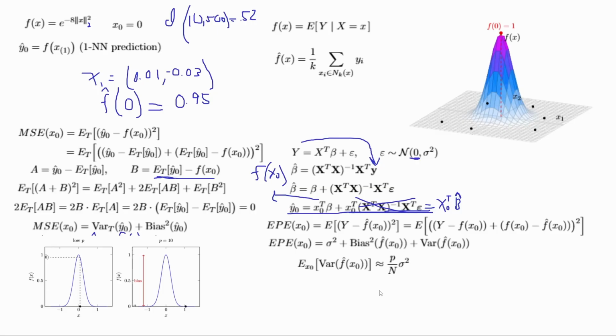Meanwhile, linear regression's bias stays pinned near 0, assuming the model is right. Now, if the model is wrong, then the bias would be high again, which is why before we said that linear regression usually has high bias. But assuming the model is right, its variance only increases linearly with p, because it pulls information across every training point, regardless of how spread they are, instead of trusting a collection of local neighbors.